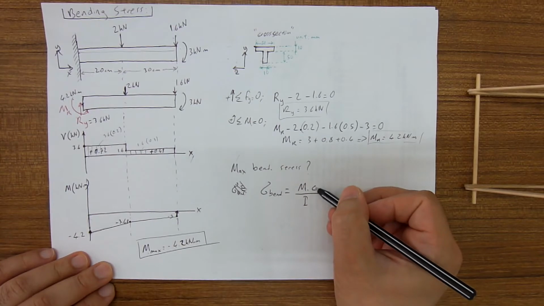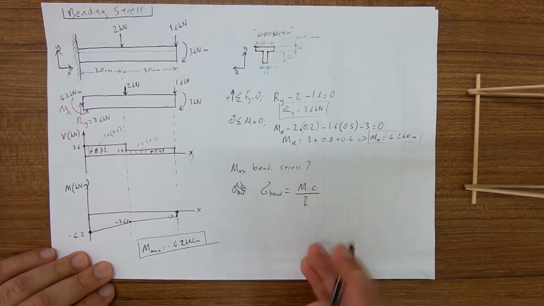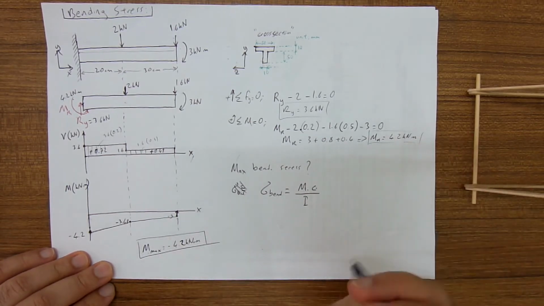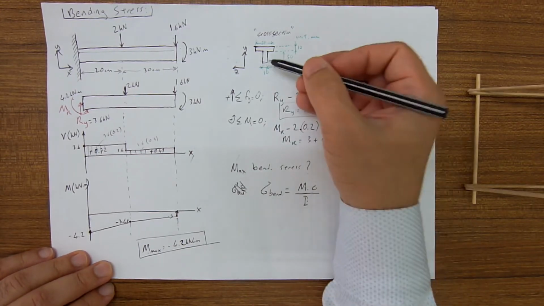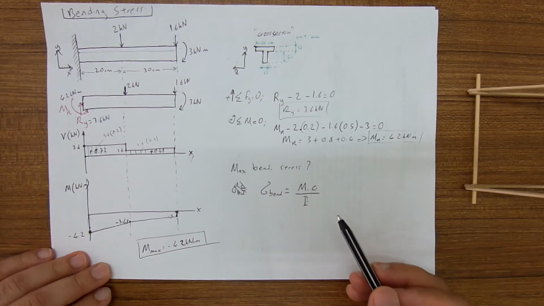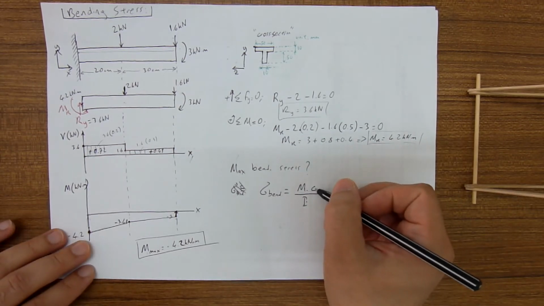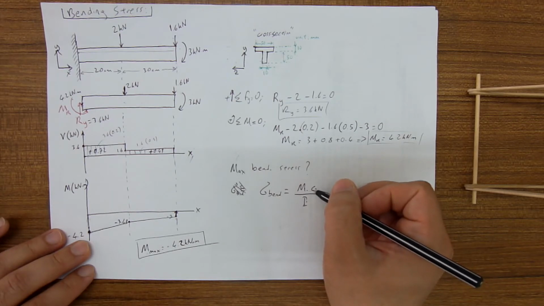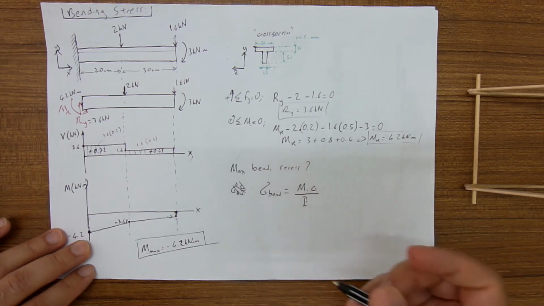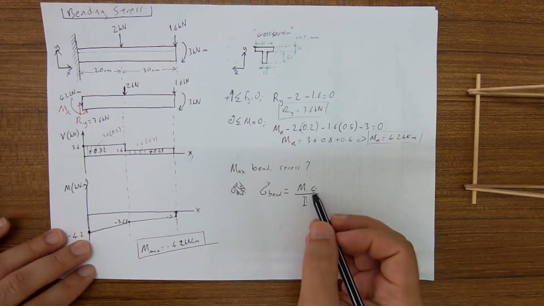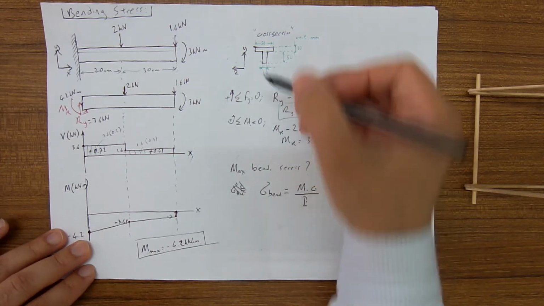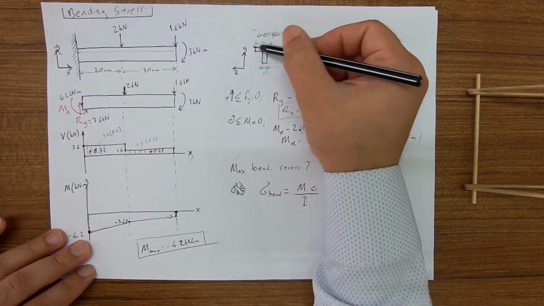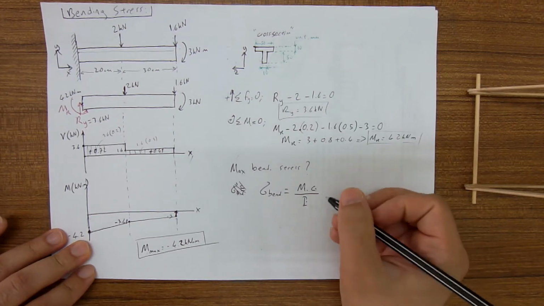C is the distance from the centroid, or from the neutral axis, to the point of interest, and I is the area moment of inertia of the cross section. For C, we will choose the biggest distance from the centroid, from the neutral axis, to the outside of the cross section. It will either be here or here.